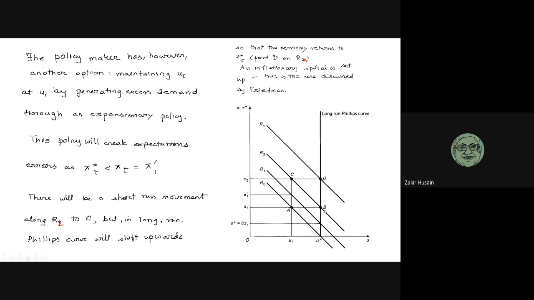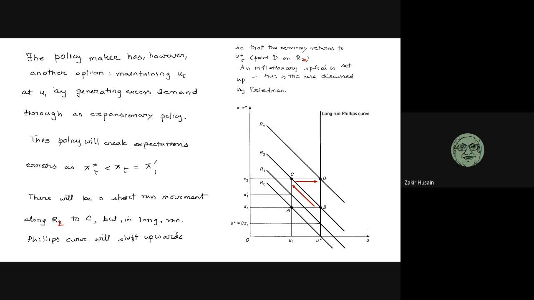This is the new short run Phillips curve. You move up like this, from B to C. But again, in the long run, people revise, they learn, they adapt expectations, and you move back to the natural rate of unemployment. It's D. So you move back to D, the long run Phillips curve.